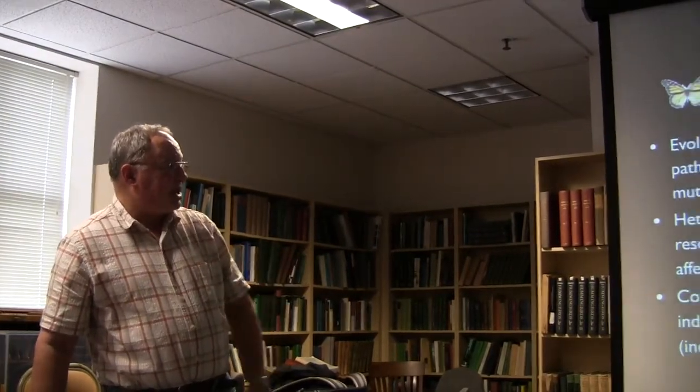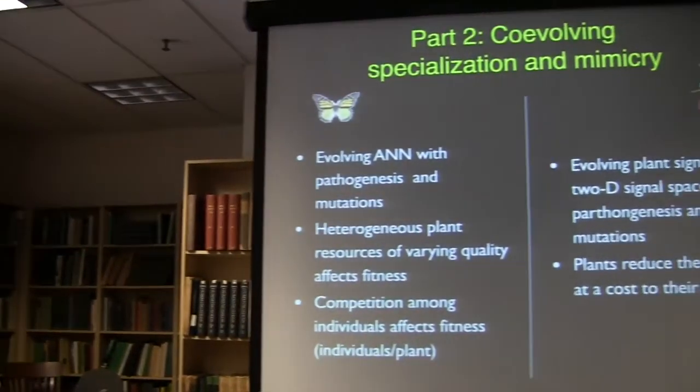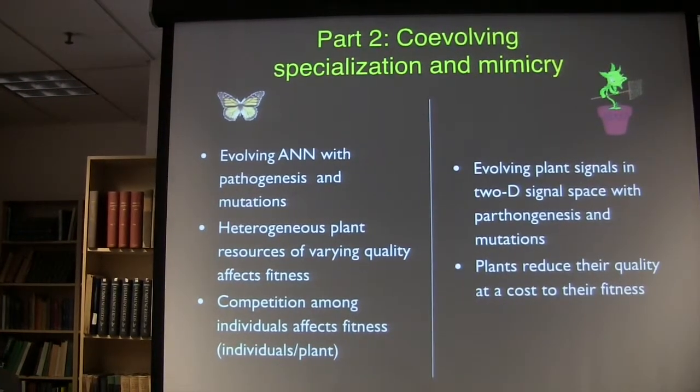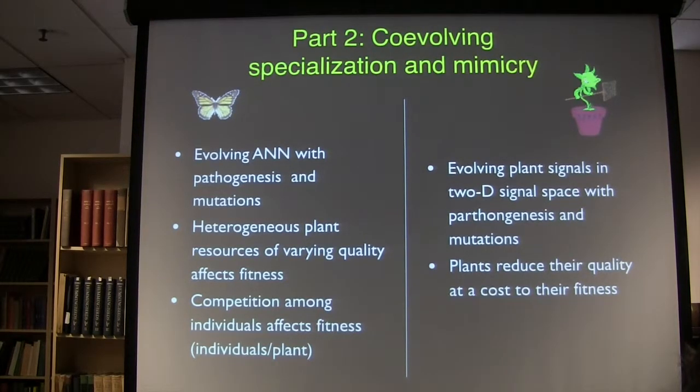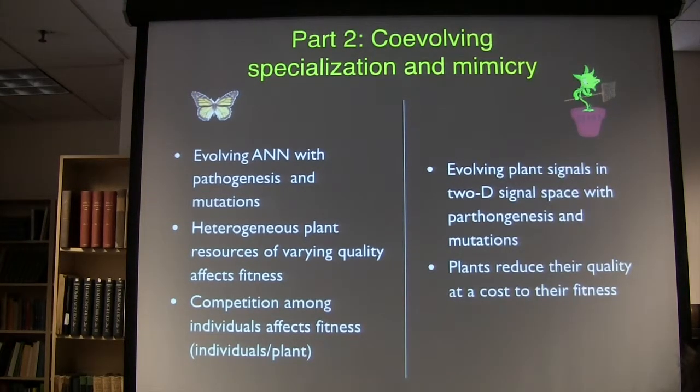And plants reduce their quality at a cost to their fitness. So plants that are protecting themselves are slightly less fit than plants that don't have to protect themselves. And then, of course, plants that are heavily exploited are going to be less fit than plants that are lightly exploited.